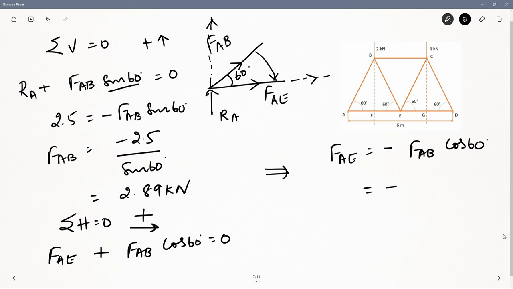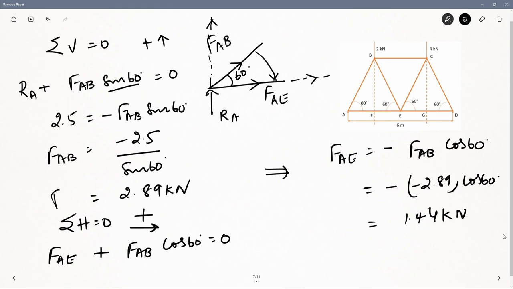My FAB value is around minus 2.89, and cos 60, which is equal to a positive value of 1.44 kilonewton.